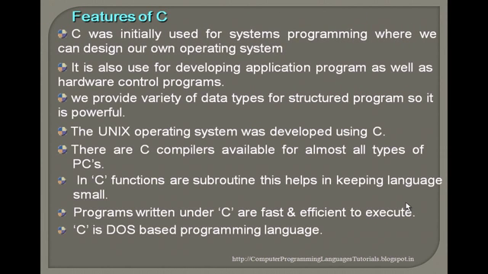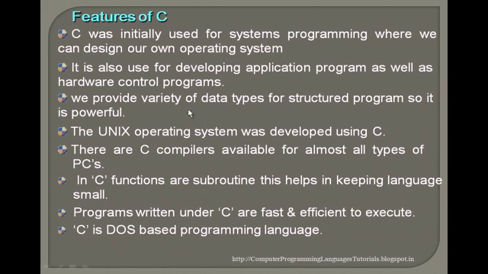Here are some features of C. The first point is that C was initially used for system programming, where you can design your own operating system. The Unix operating system was developed using C. That is, by using programming, you can develop your own operating system, as well as application programs or hardware control programs.